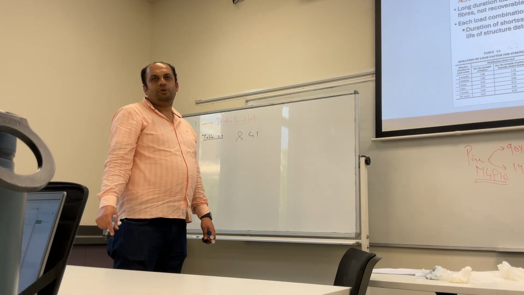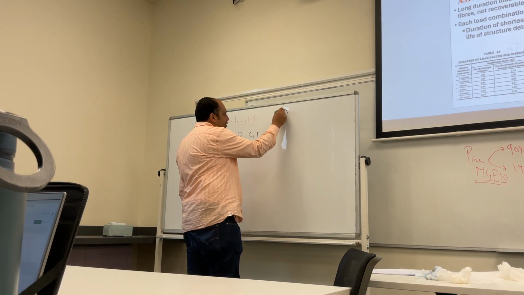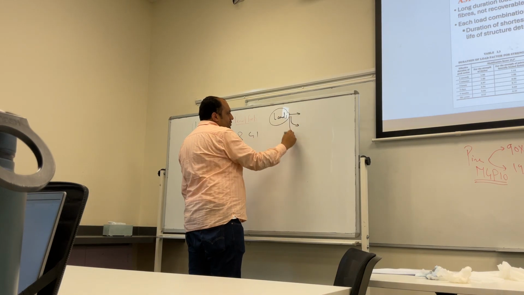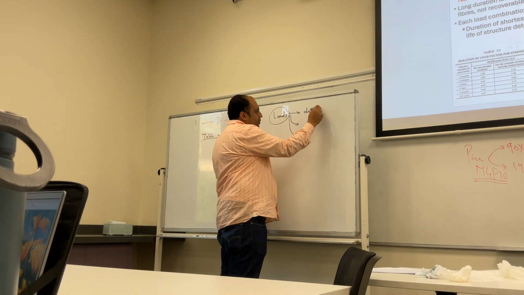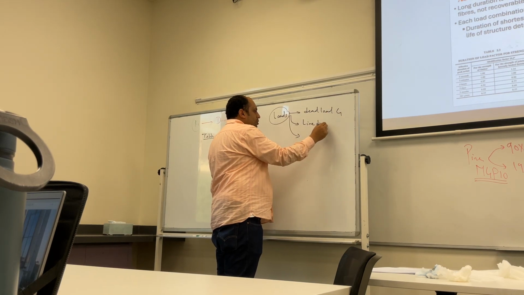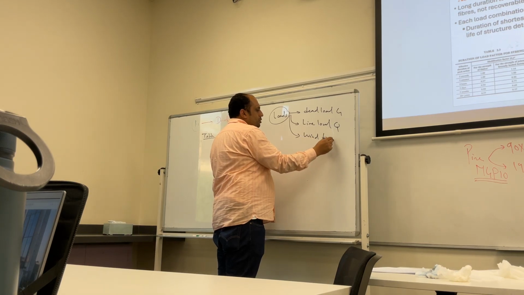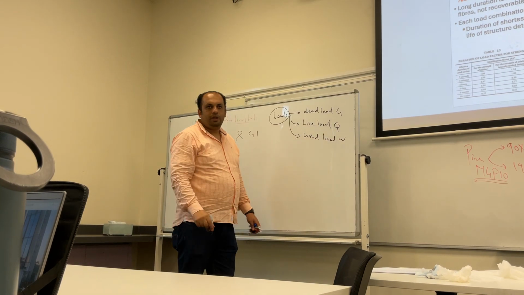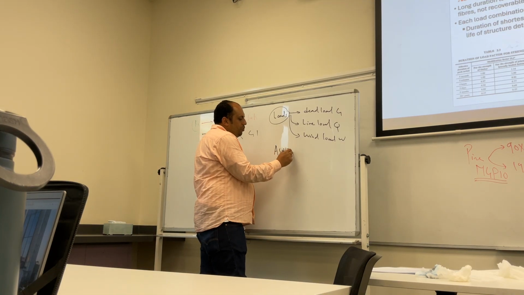Because as you know, what is the type of load we have in our calculation, guys? Do you know what is the example of the load we have? Dead load. What else? Dead load G, live load Q, and wind load W. Okay? And in standard 1170.0, we have some load combinations.